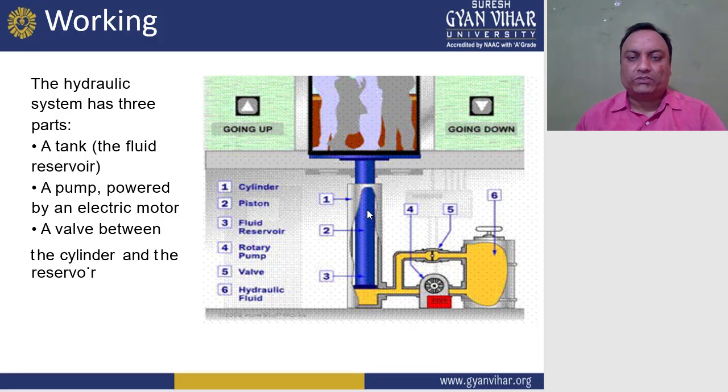If you want to bring the lift down, going downside, then this valve is opened. Only this valve is opened. Then this fluid goes from this line to the reservoir, right? So this is the simple working of this hydraulic lift.